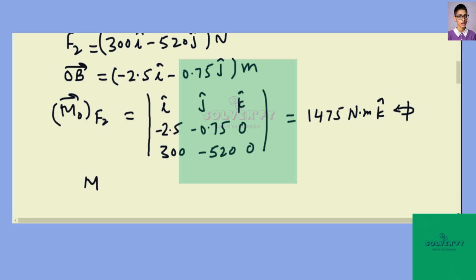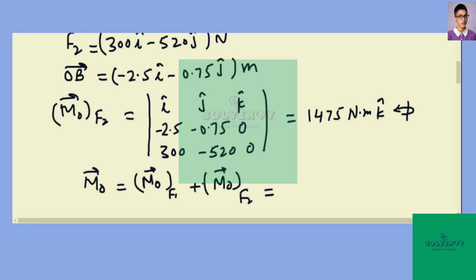So total moment of force about O will be MO, moment of force due to F1. I have to make a correction here. Moment of force due to F1 force and moment of force about O due to F2 force. Both are in the same direction, so directly we can add.